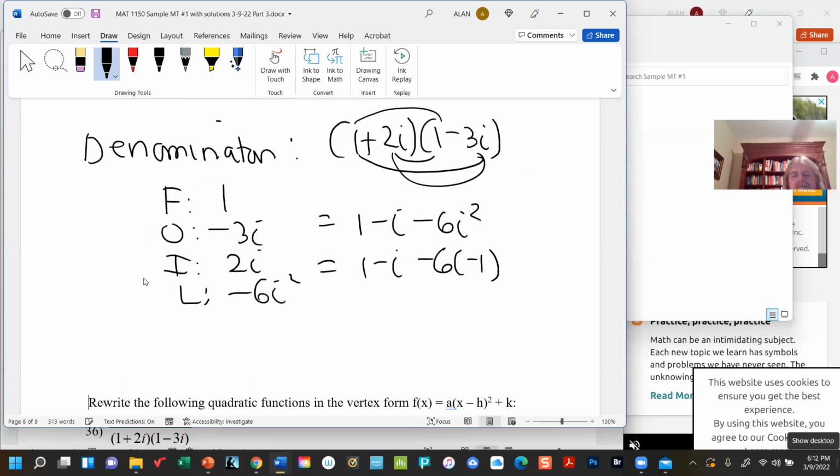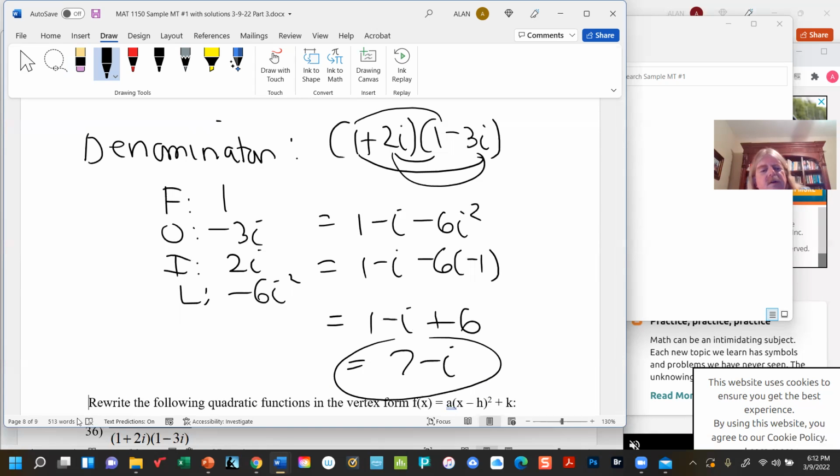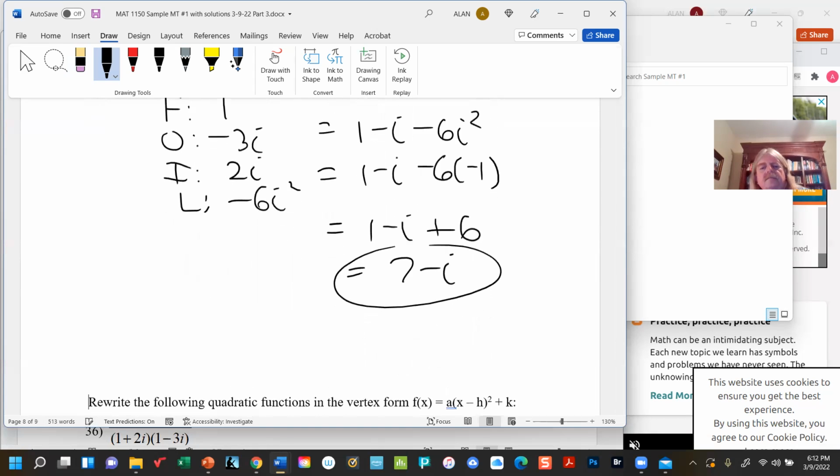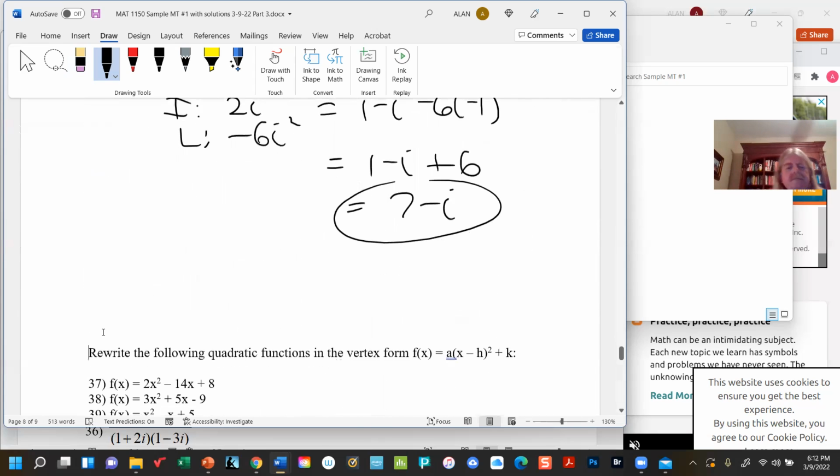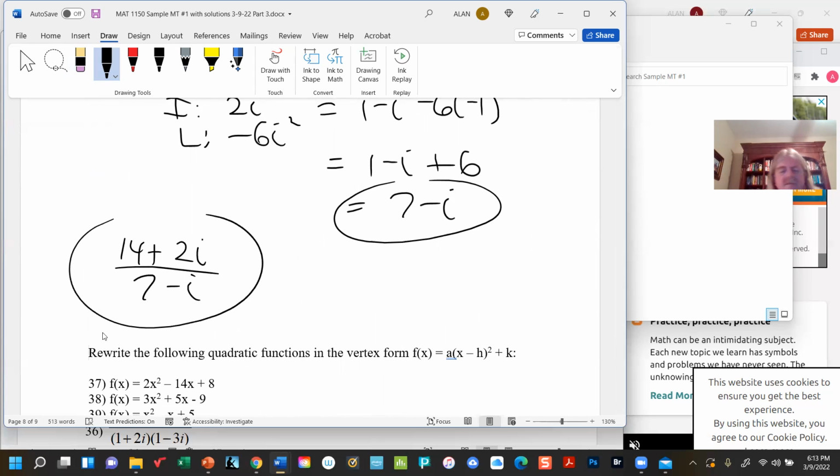Okay. That's your denominator. Now we can just put them together. What do we have? 14 plus 2i over 7 minus i. Oh, guess what we still need to do?